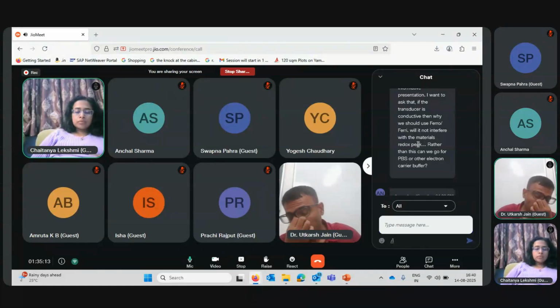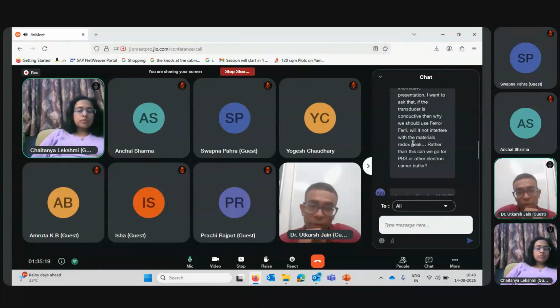So when we were developing microgens and electrogens, and previously we wanted to check how much current was generated by the bacteria, we used ferro/ferri solutions because ferro/ferri is the solution where you get enhancement in the signal.